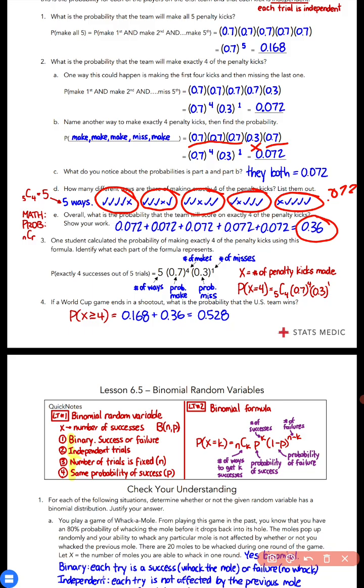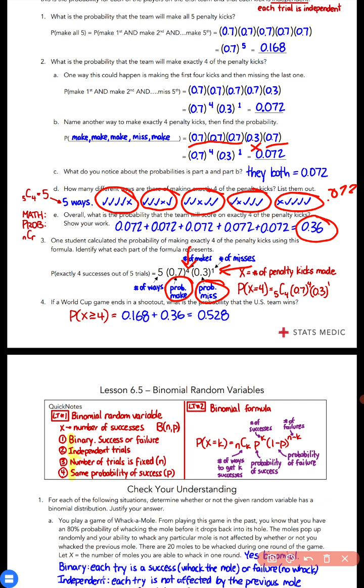So what's a formula that we can use to give us this probability quickly? Okay, so what's happening here is we're taking the probability that they make the kick raised to the number of makes that they have. Then we're taking the probability that they miss the kick raised to the number of misses that they have.